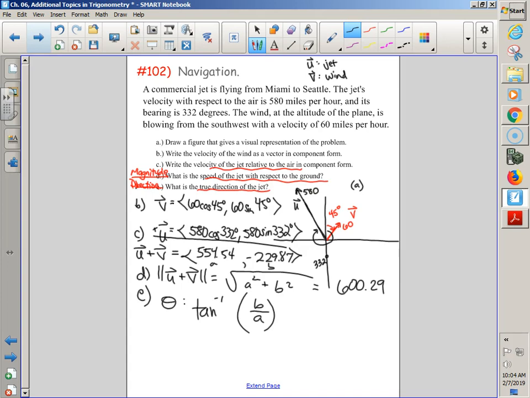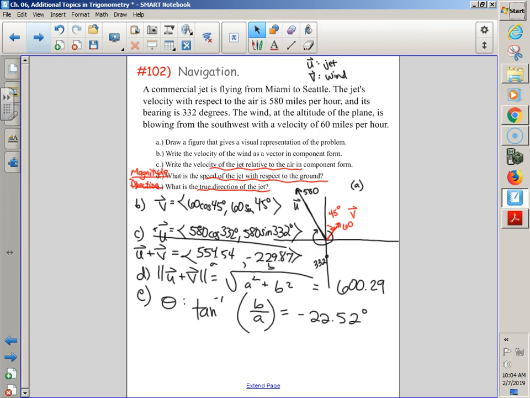So if I do inverse tangent of B over A, which is that negative 229 guy over that 554 guy, anybody else getting negative 22.51? It is negative right now.